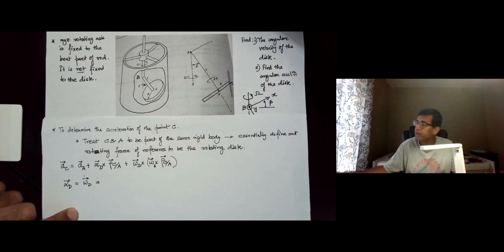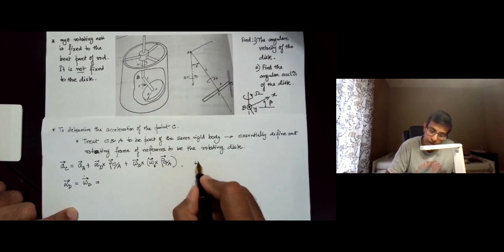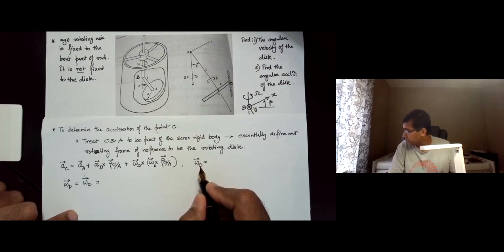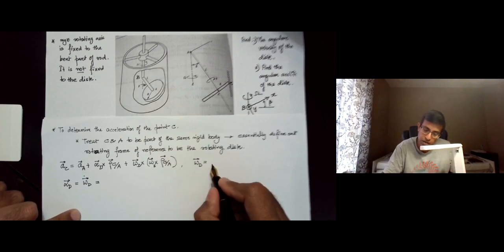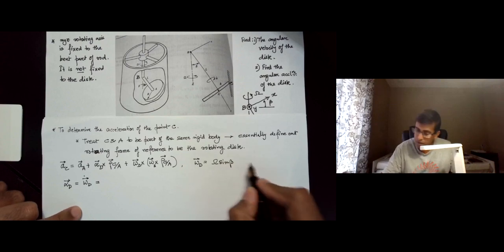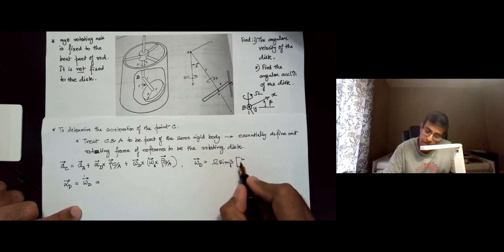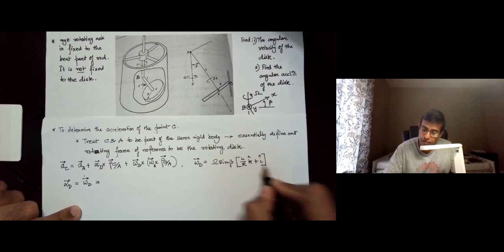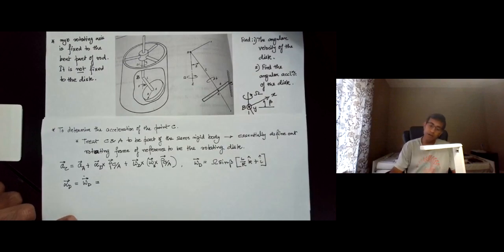First of all, omega d was determined. It was capital omega sine beta times L by R K plus I. So this was our omega d.